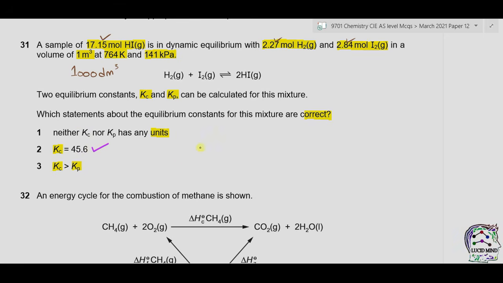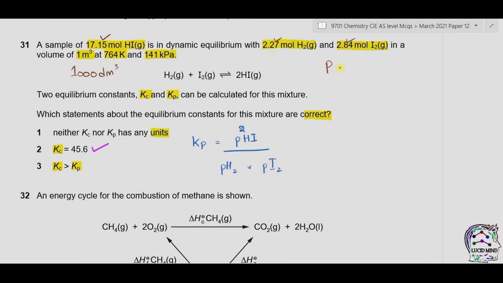Second one is Kp. For Kp the formula is the partial pressure of product, which is hydrogen iodide, so it will be the pressure of HI. As there are 2 moles, it will be squared, divided by the partial pressure of hydrogen times the partial pressure of iodine. We can find the pressure for each gas by using the volume, temperature, pressure and number of moles.